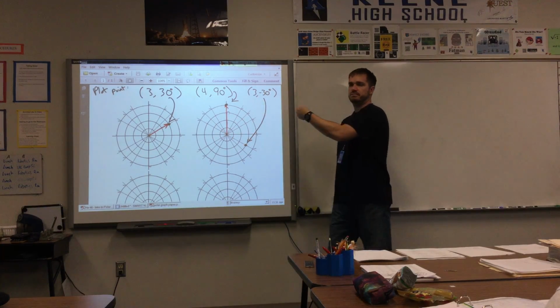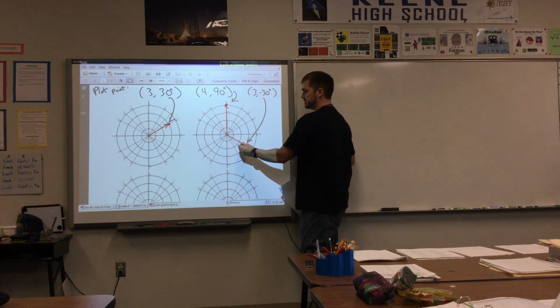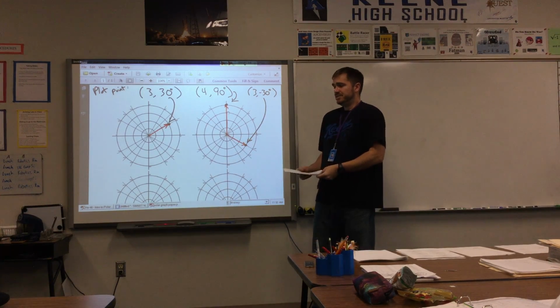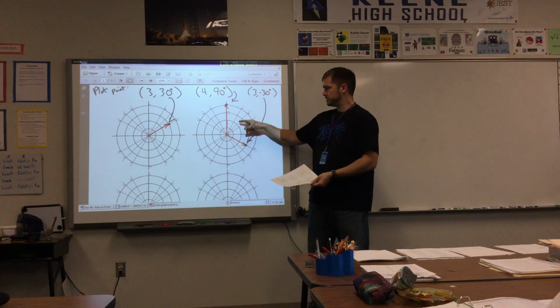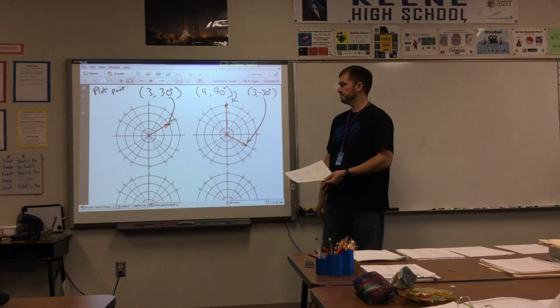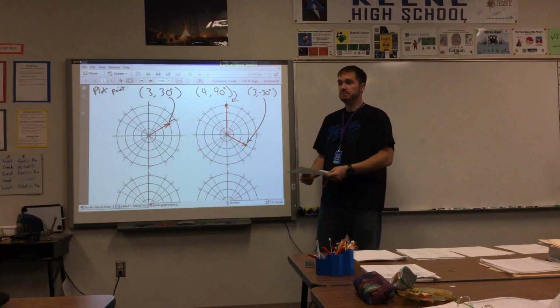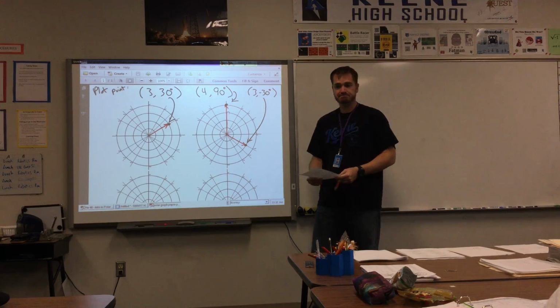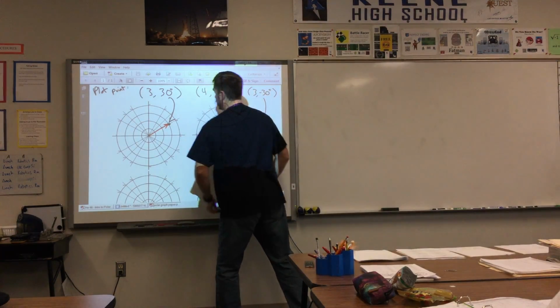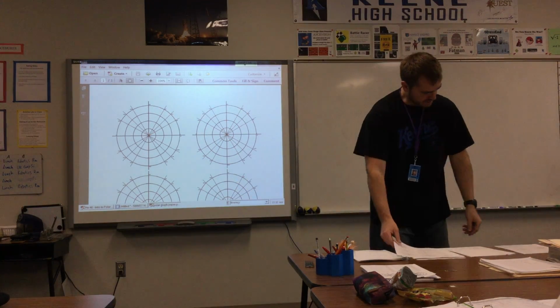If I said a vector of magnitude 3, angle negative 30 degrees, then you would draw something like this. The only difference is for polar coordinates, we're just plotting the dot, which would be the end point of where the vector is. Okay? Any questions? I think we're gonna like polar coordinates. Yeah. Okay.